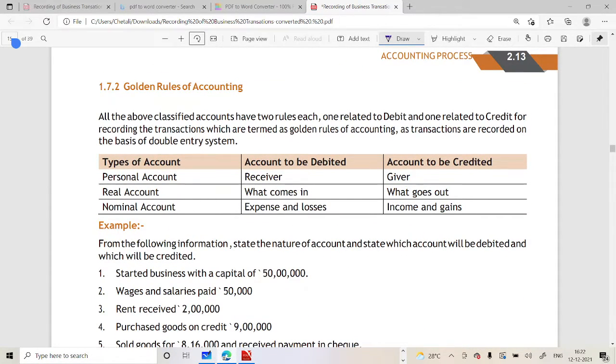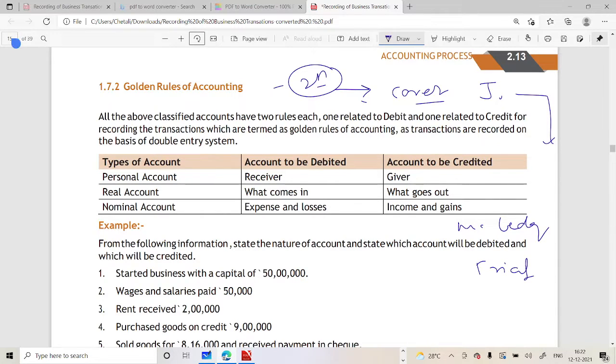I'll save this document. I'll start from this and cover journal entries. Then I also want to cover the main ledger and sub ledger part as well. Okay, trial balance, profit and loss account, then balance sheet and all.